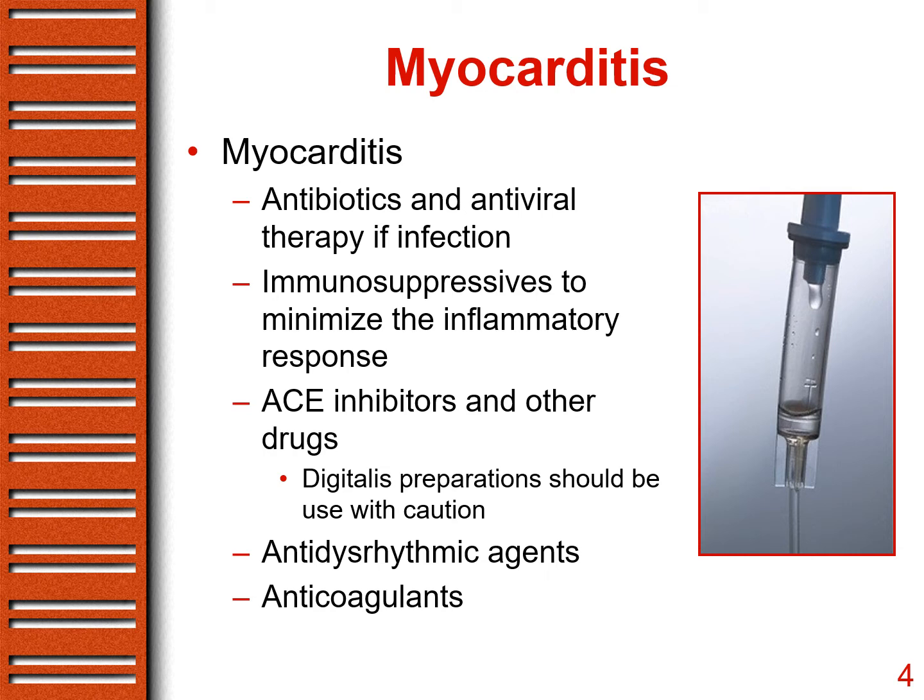Medications administered for myocarditis depend upon the likely causative factor. Common medications include antibiotics and antiviral therapy if infection is the cause. Immunosuppressives may be used to minimize the inflammatory response if inflammation is a factor.